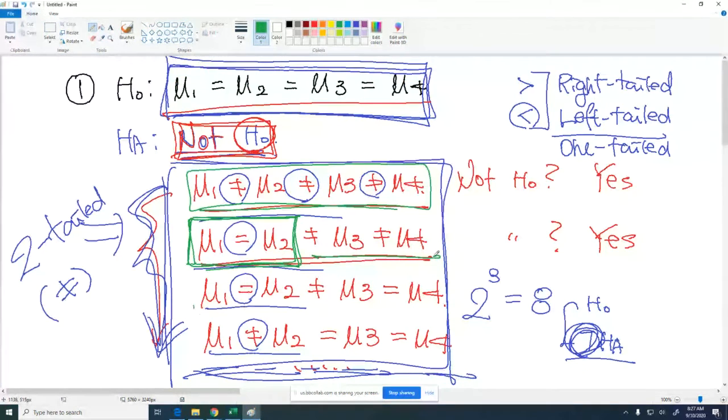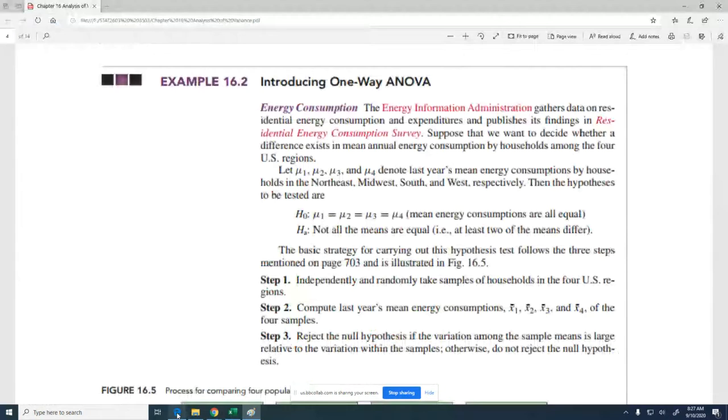And in this case, 1 and 2 are the same, 3 and 4 are the same, but 1, 2 and 3, 4 are different. Either way, we can state the alternative hypothesis. So please remember the two statements: not all the means are equal, or at least two of them differ. The null hypothesis is just equal.